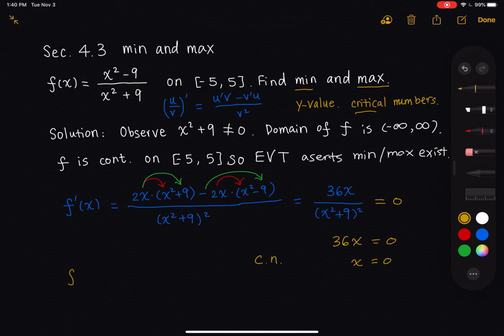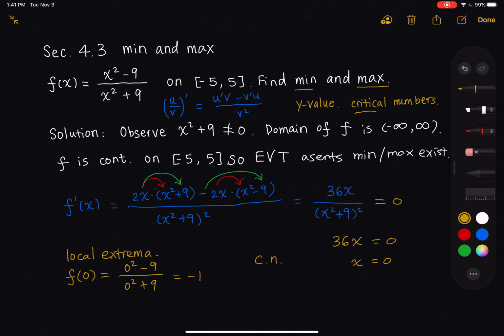So f at 0 is an extreme value or local extrema. So f of 0 is 0 squared minus 9 over 0 squared plus 9. You plug it into the original function, you get -1. So f of 0 equals -1 is either a minimum or a maximum. We don't know, okay? We have to test it.